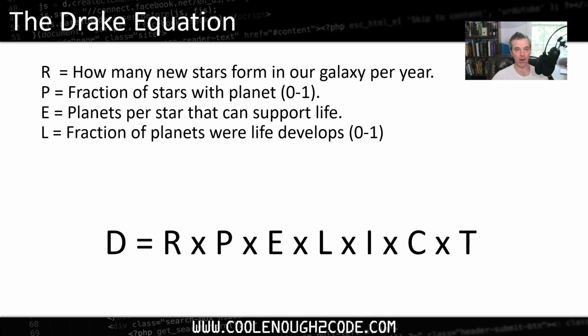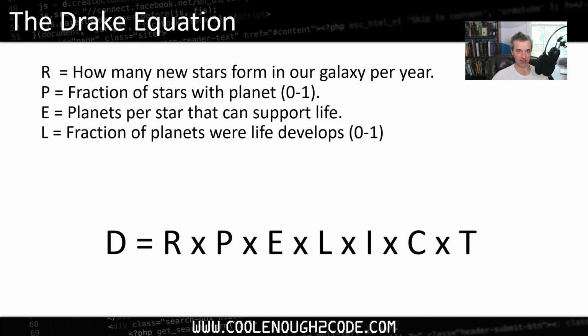We don't know how many planets do develop life that could potentially support life. So we know of at least one planet that could support life, and that's our own. In our solar system, if we were to go based on our solar system alone and we say that Mars and Earth could both potentially support life, but we only see one of those actually doing that, then we would say that this value will be 0.5.